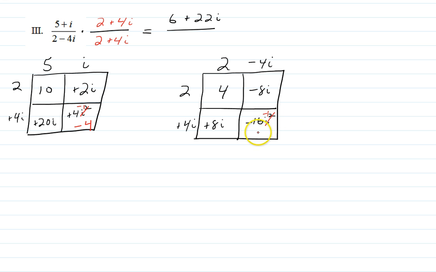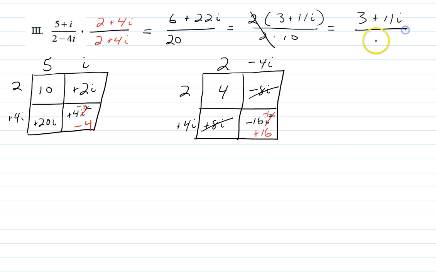The negative 1, negative 16 turns into a positive 16. And so now on the bottom, we're going to get 4 plus 16 is 20. And the minus 8i and the plus 8i cancel out. So now, since they're all even, I could reduce by 2. So the 2's cancel. And so I'm left with 3 plus 11i over 10.